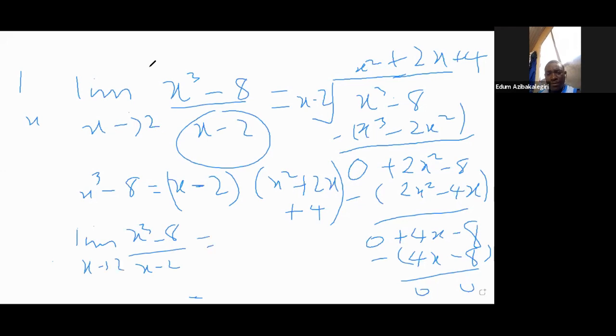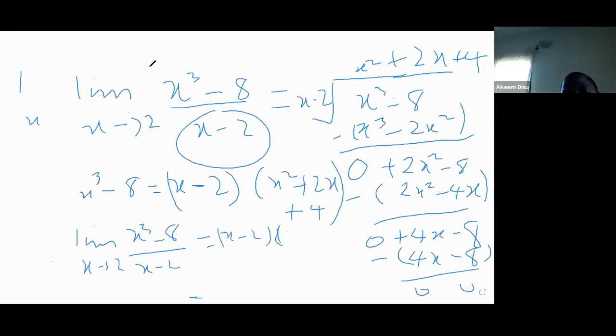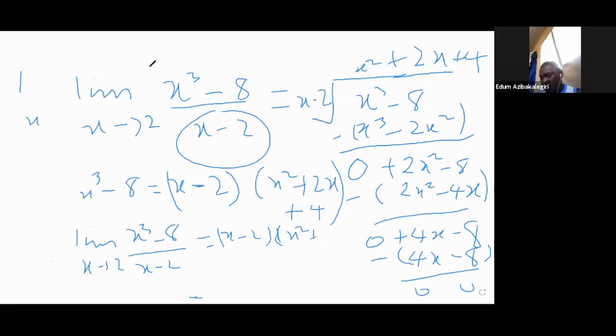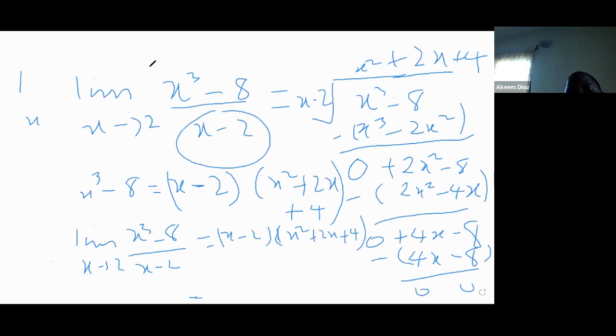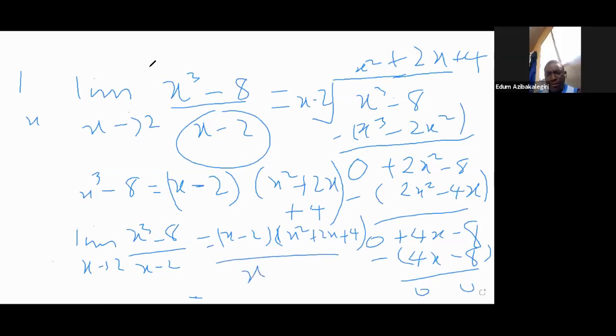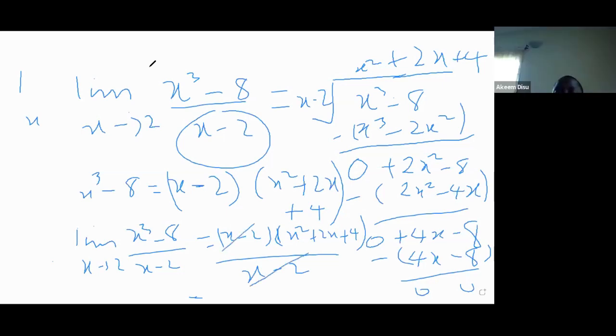This one is now replaced by s minus 2 bracket s squared plus 2s plus 4 all over s minus 2. Is that taken? This we cancel.